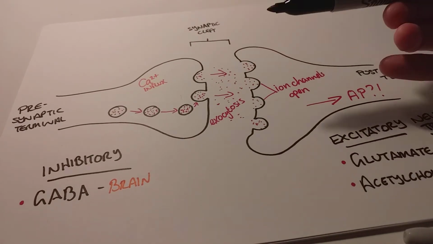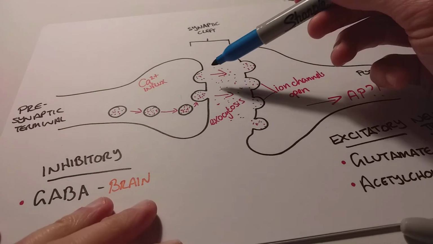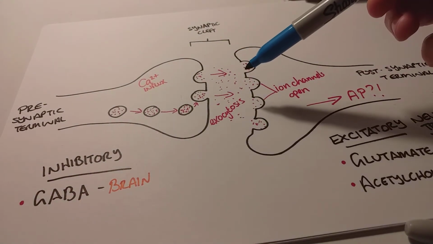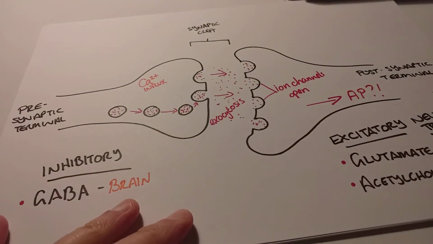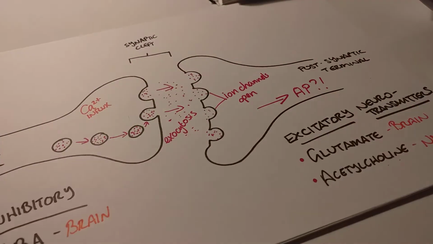So what happens with these leftover neurotransmitters? They make their merry way across here. What happens afterwards? Damn, I've just got permanent pen on my white shirt. What happens afterwards?